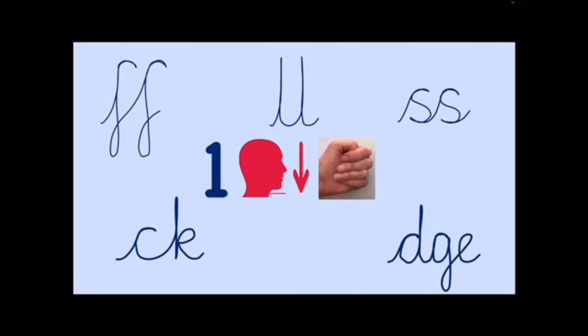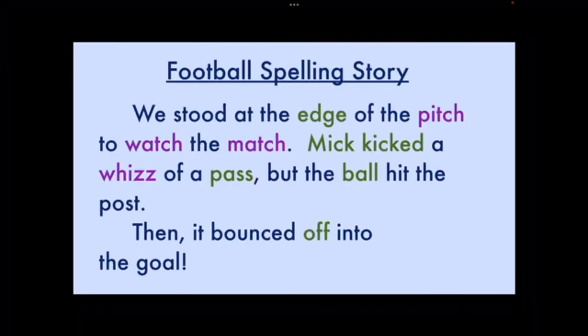Two more spelling choices to come. They're included in our football story. The purple words include a spelling choice we haven't covered yet, but we will be. So this is your preview.